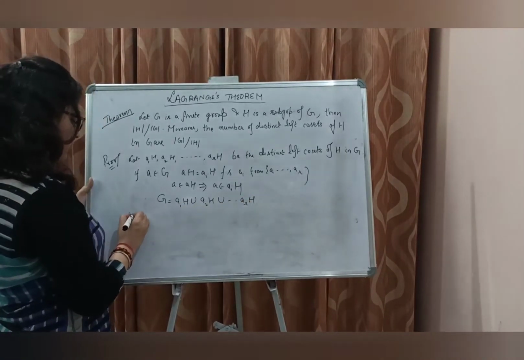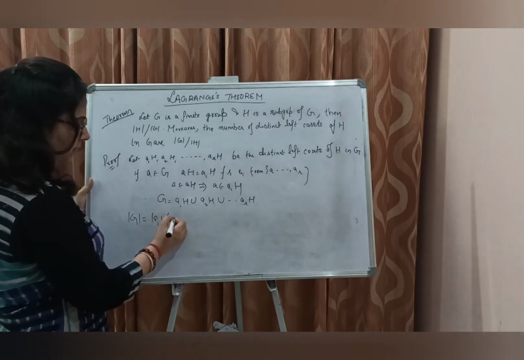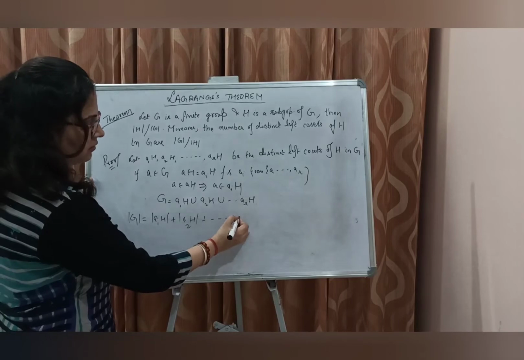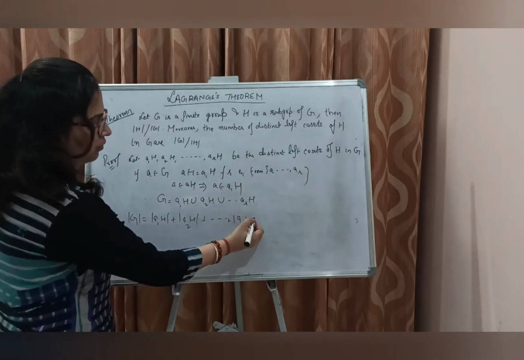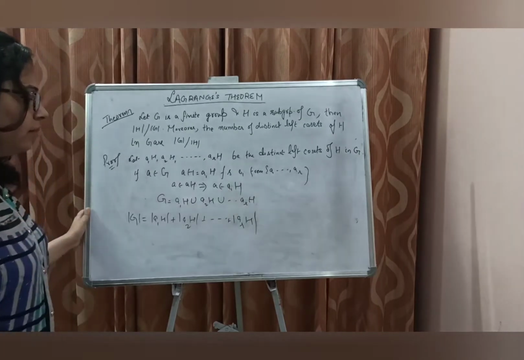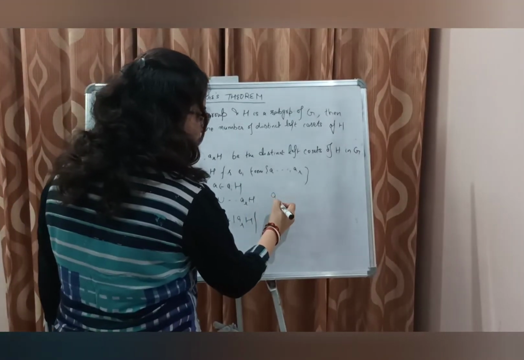Now what is order of G? This is order of A1H plus order of A2H, and so on. Why are we able to write like this? Because each of these cosets is disjoint.